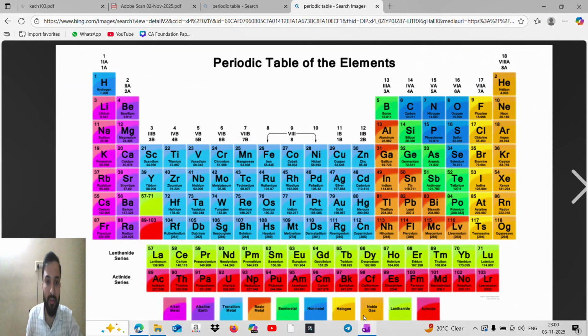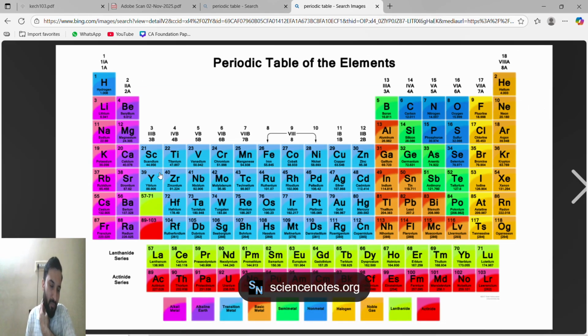Then next, this is a very easy thing. See guys, this is very simple. We get to know what atomic number is: the number of protons. Number of protons increases as you move across the table, and it also increases if we go down the table.